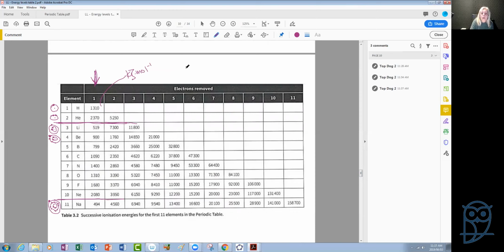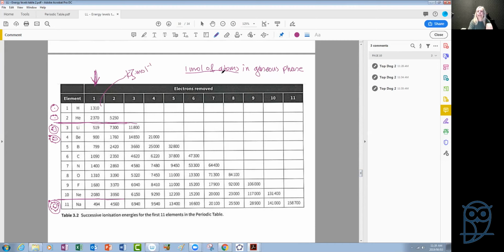That means 1 mole of atoms of each of these elements in the gaseous phase. So in order to measure how much energy is needed to remove the first electron from these atoms, we use 1 mole of atoms in gaseous phase.